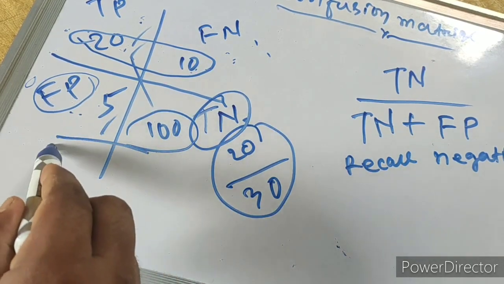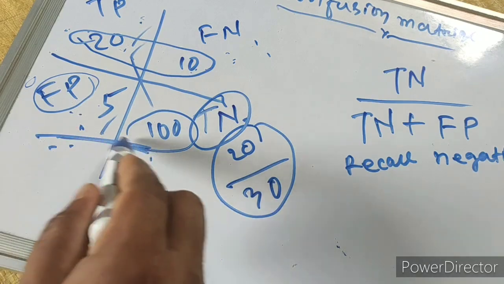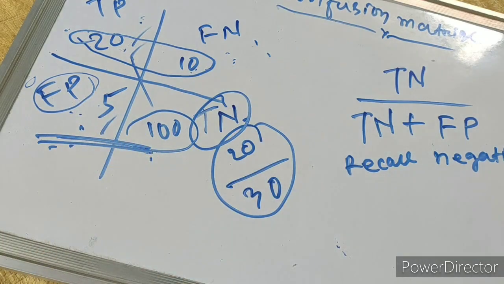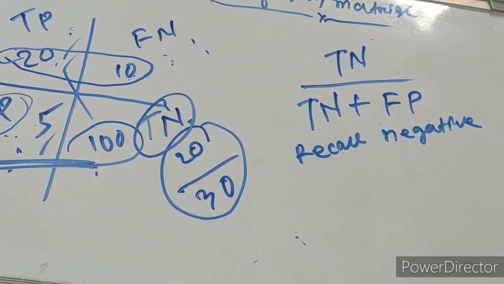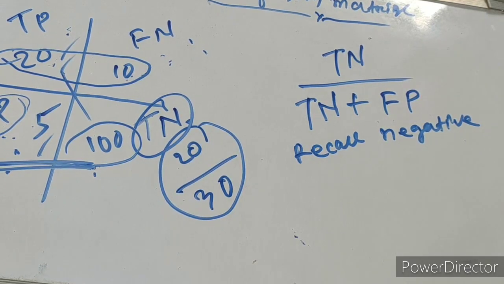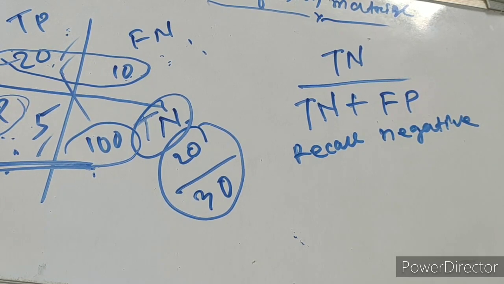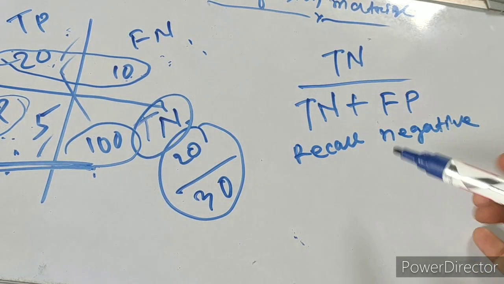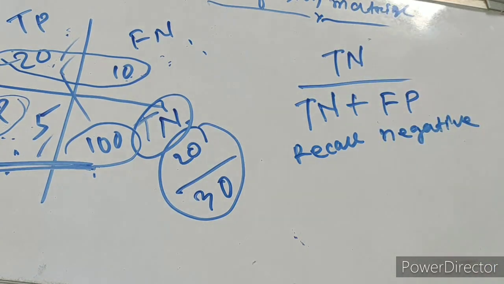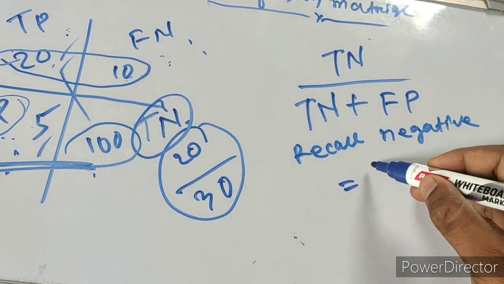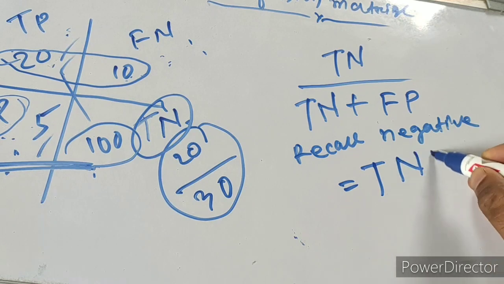So 105, 5 plus 100, these are total negative values. So here from the actual negative values, we are finding how many values are actually classified negative. So TN by TN plus FP equals recall of negative. It means it will be the true negative rate.